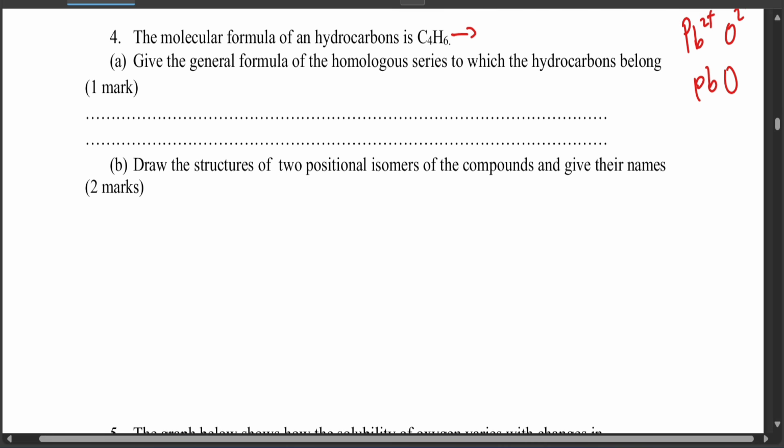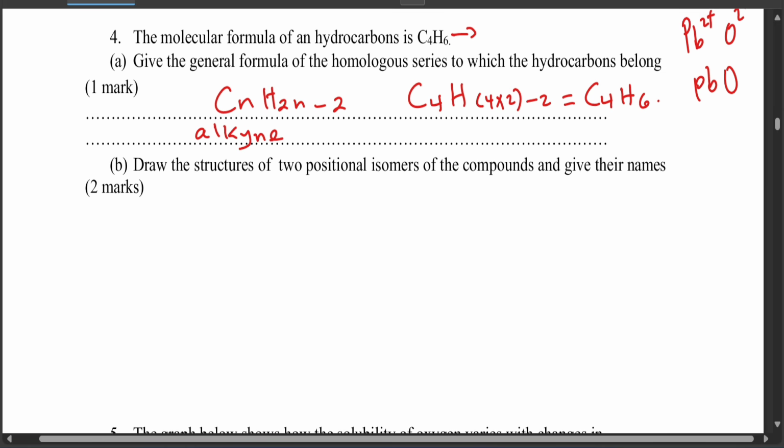The formula of the homologous series is CnH2n minus 2. Even if you look at it, it is C4, right? So H is obtained by taking 4 times 2, then subtracting 2. So 4 times 2 gives you 8, and minus 2 gives you 6. So C4H6. This is the homologous series for alkynes.